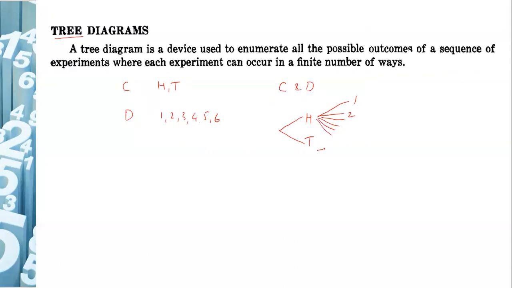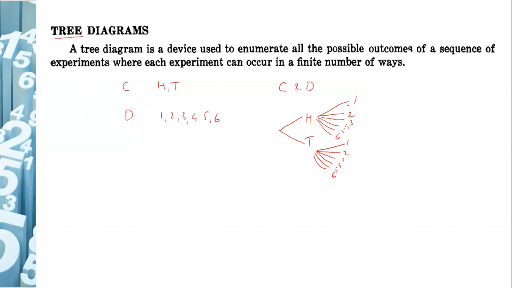Similarly here also, 1, 2, 3, 4, 5, 6. This is an easy way, without confusion. The first experiment gives two outcomes, heads, tails, and after that the second experiment gives 6. Based on this, you can easily write the possible outcomes.